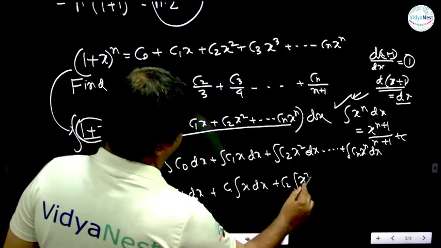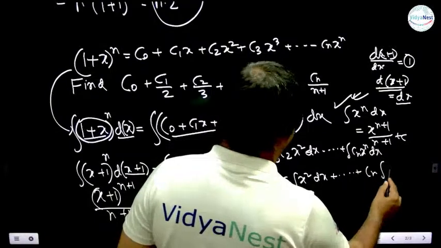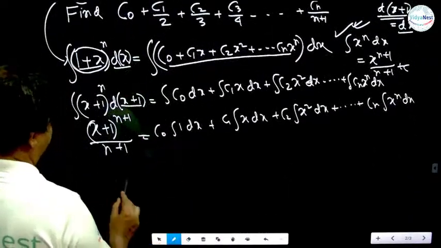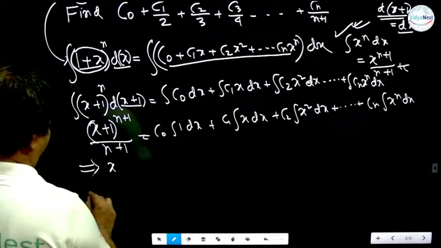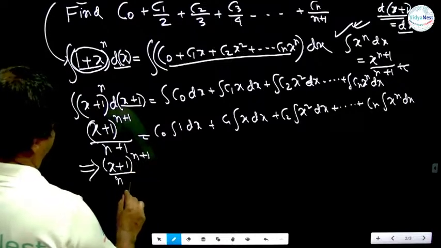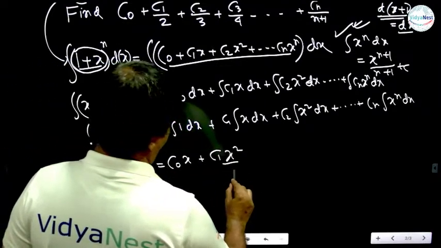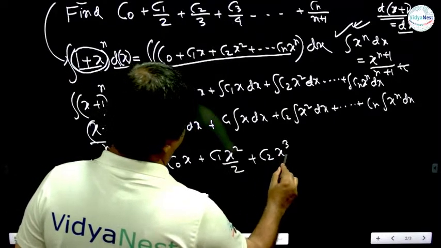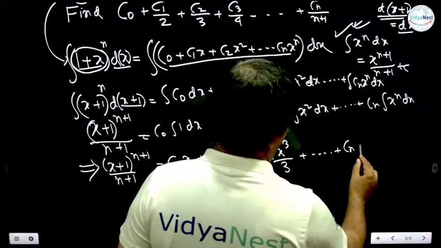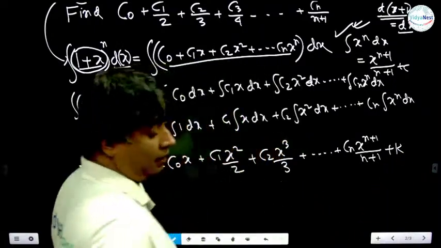C2 x square dx and Cn, C0x, C1, plus k. What is k?